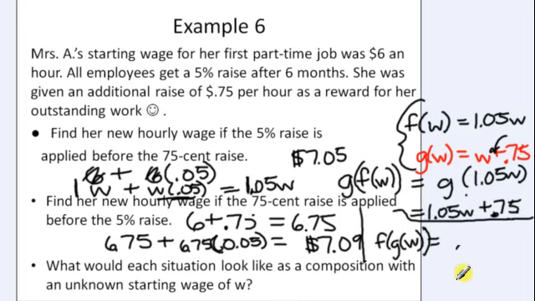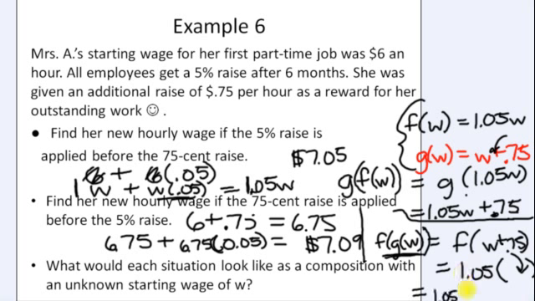Then if we start with f of g of w, so starting with g of w, or the 75-cent raise first, then we look at function f, and f says to take 1.05 times the input, which would be the w plus 0.75. And we'd end up needing to distribute that 1.05 to the w and to the 75 cents.